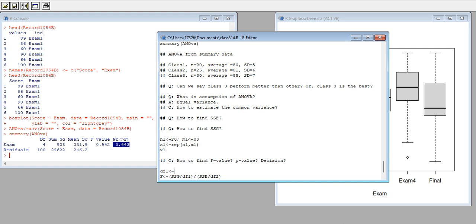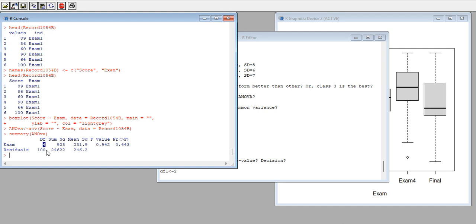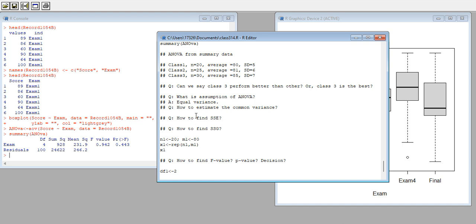Class 3, 85, 85, 85. Essentially we have 3 numbers, so the degree of freedom is 2. In the exam example the degree of freedom was 4, because we compared 5 exams: exam 1, 2, 3, 4, and final. If we compare 5, the degree of freedom is 4; if we compare 3 classes, it is 2.